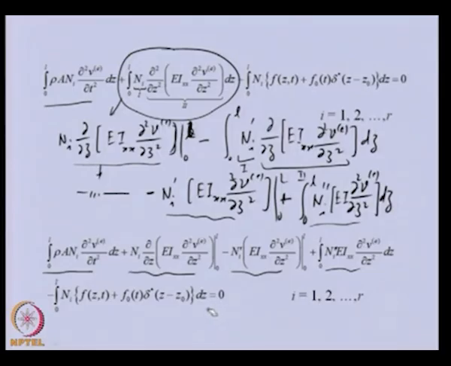So, you can see how we have done the integration by parts twice to get the weak form of the finite element formulation. And in this particular case, now if you see, the highest order of differentiation is 3 outside the integral, and within the integral the highest derivative is 2.